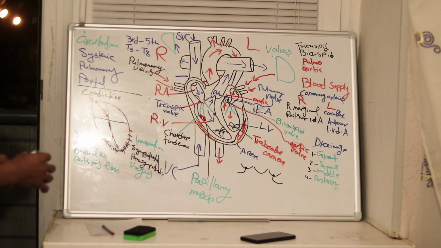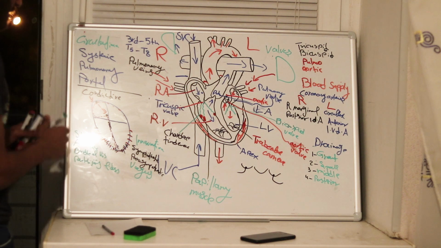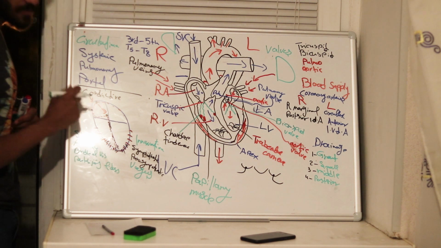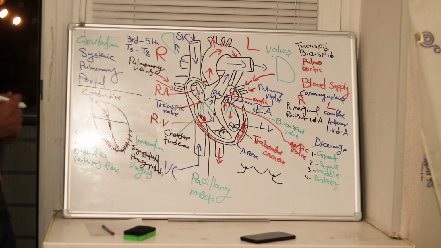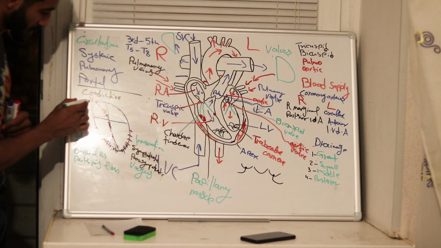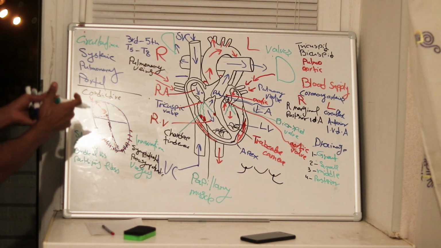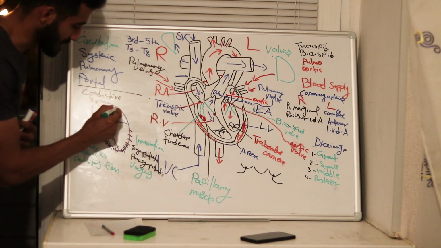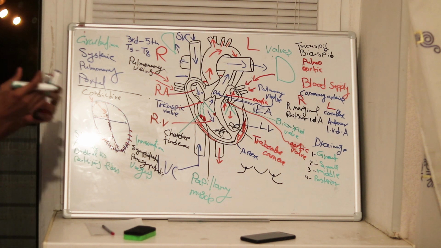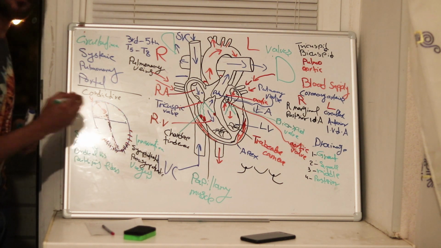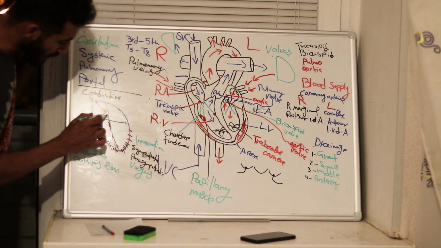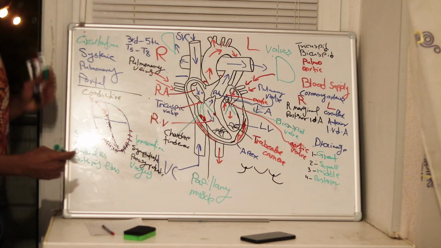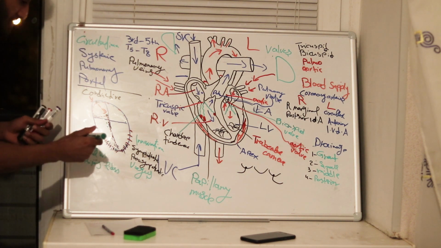So let's talk in short words about the conductive system and how it works. First of all, the impulses are initiated from the SA node. When the SA node fires, it lets the atria contract. While the atria contract, it stimulates the AV node. So the signal goes from the AV node down the bundle of His to the bottom of the heart, reaching the Purkinje fibers.